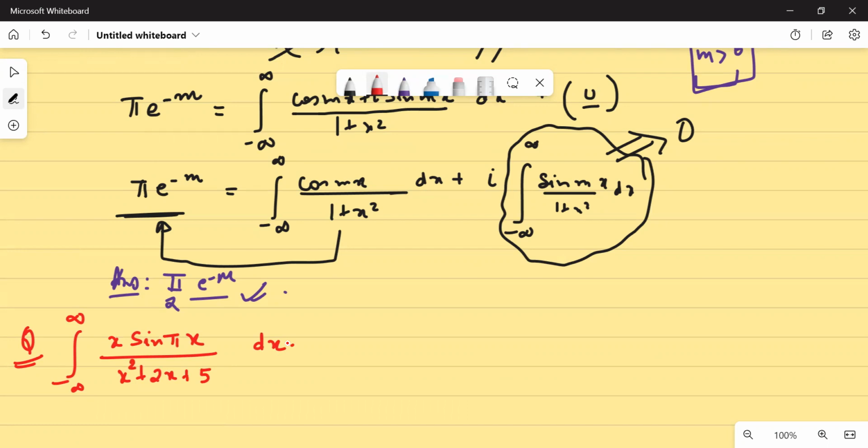Now this integration you have to do as homework. I should give the answer to it also. Just give me a minute. So the answer to it is, if I'm not wrong, minus pi e to power minus 2 pi. Try to solve this question. If you cannot solve it, then we'll do it.